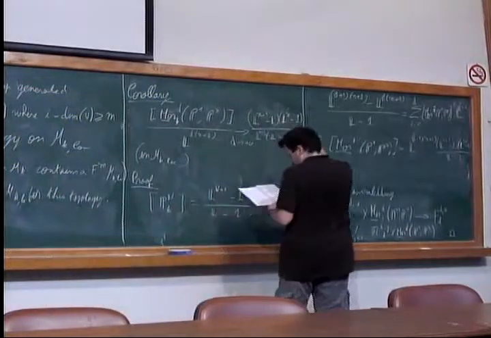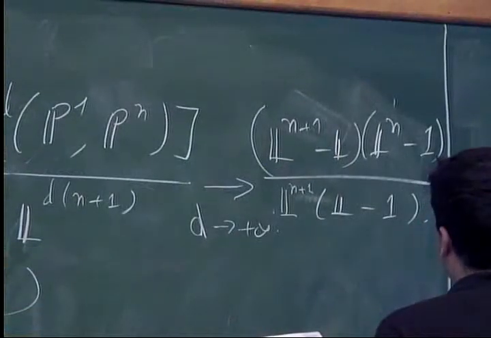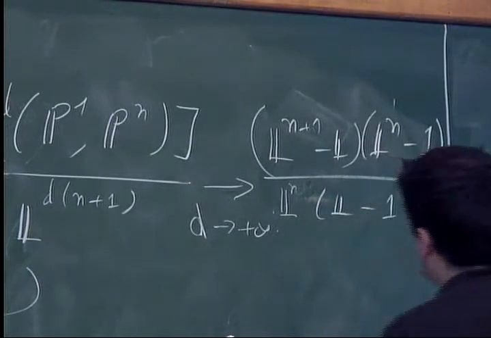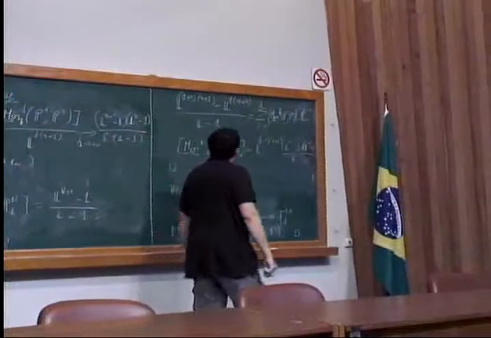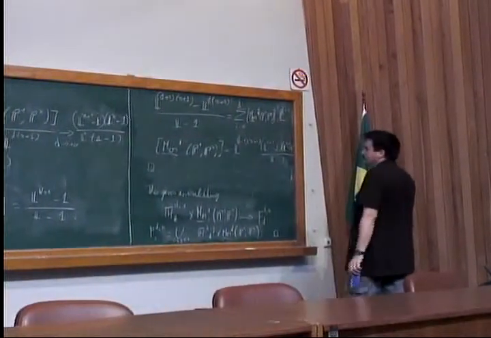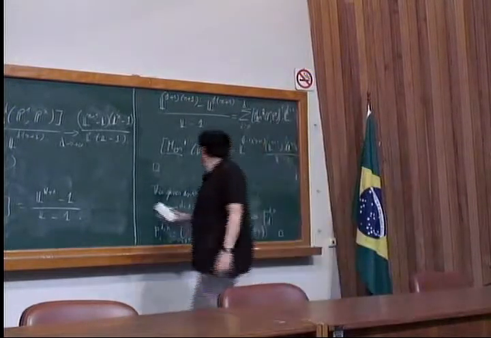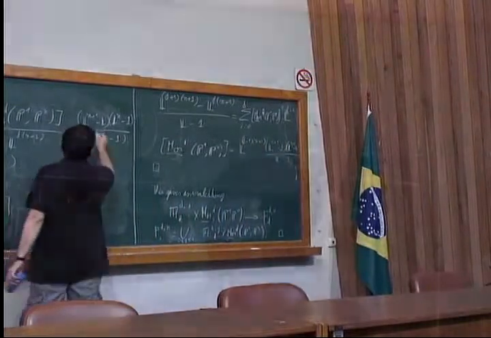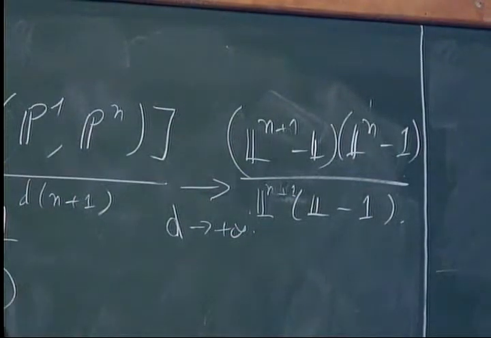Well, there is some power of L which has to be corrected here. Maybe something like that. Up to some power of L anyway. Well, if I compare the two formulas, it should be n plus 1.